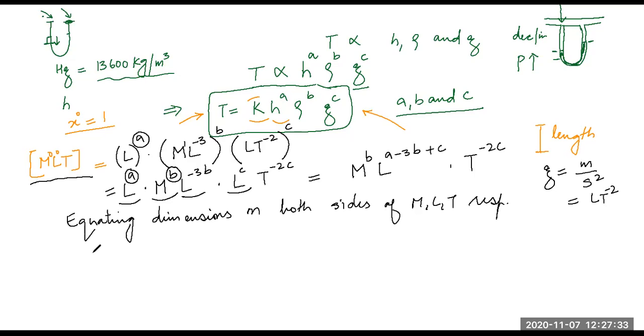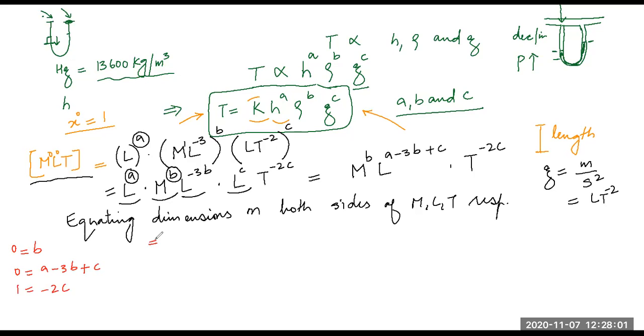Tell me all the equations. 0 is equal to B. Beautiful. Second equation: 0 is equal to A minus 3B plus C. Third equation, Arjinder, you say 1 is equal to minus 2C.